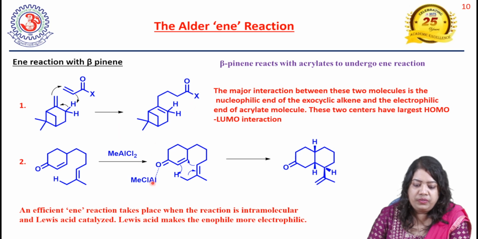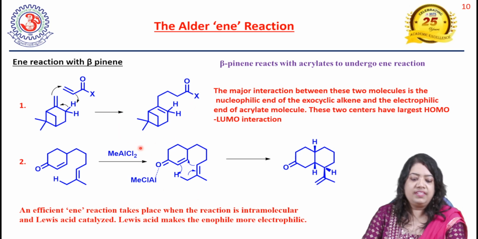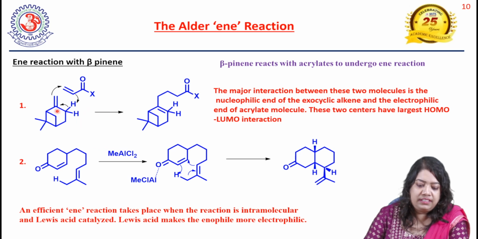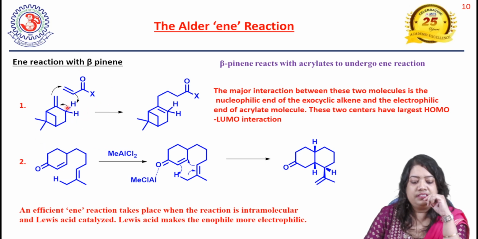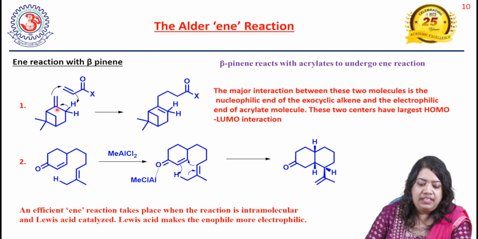Here there are two examples of the ene reaction. First, the reaction of beta-pinene with acrylates. In beta-pinene, there is an exocyclic double bond, and this will act as the ene part. And in acrylate, this is the enophile part.